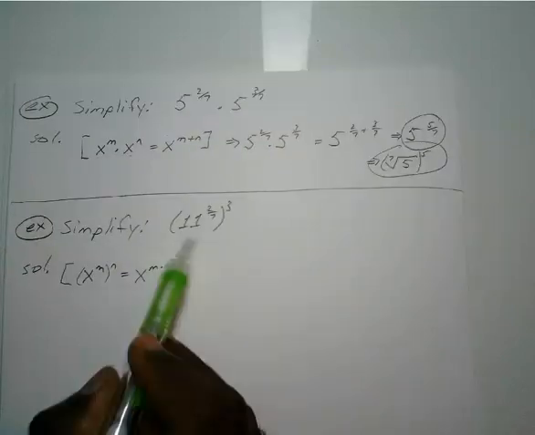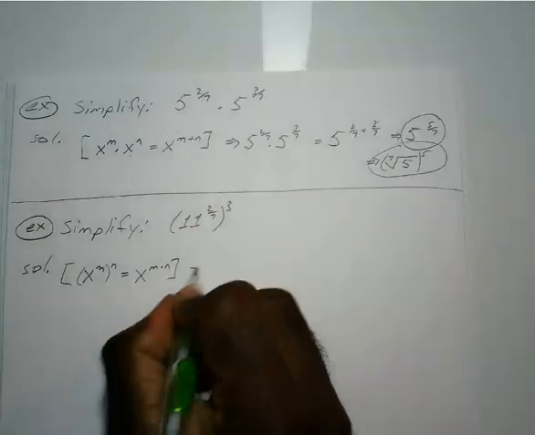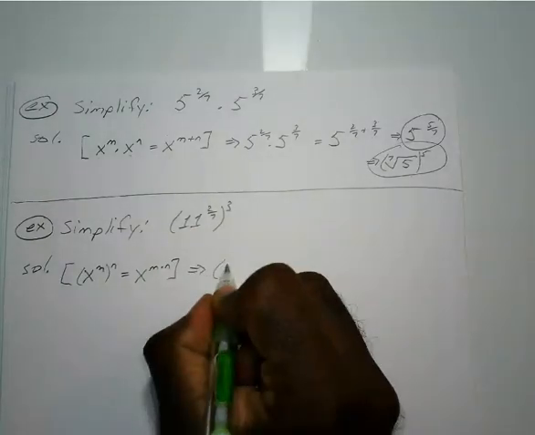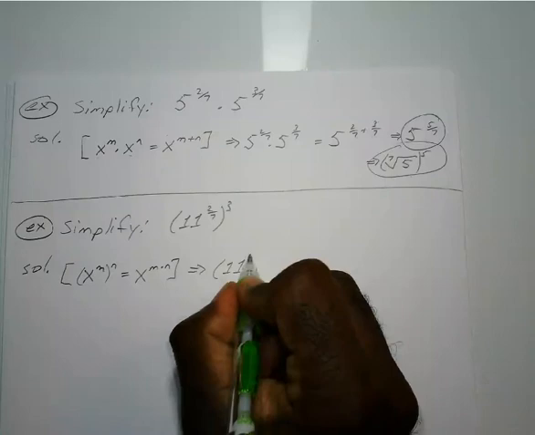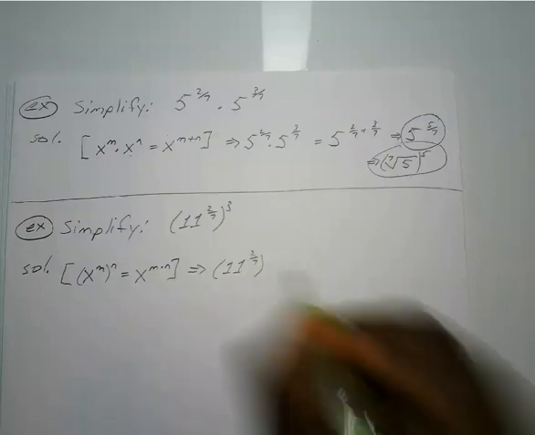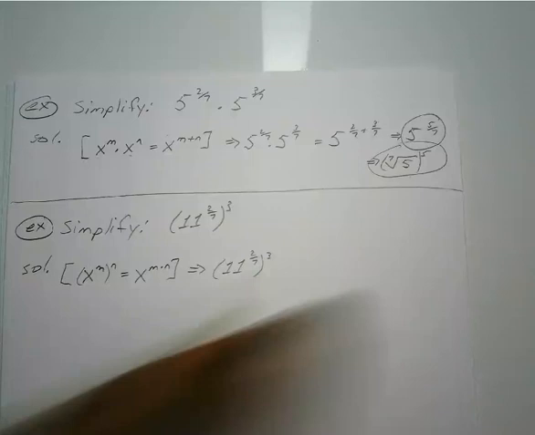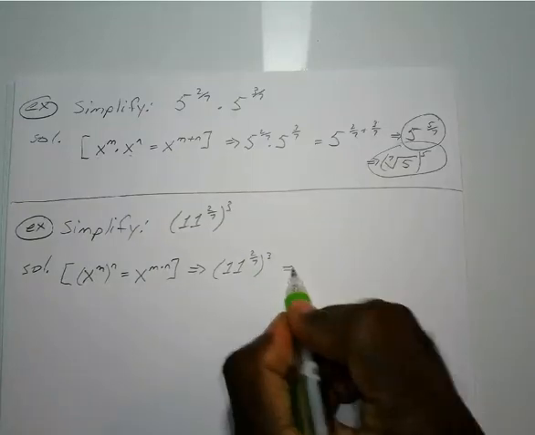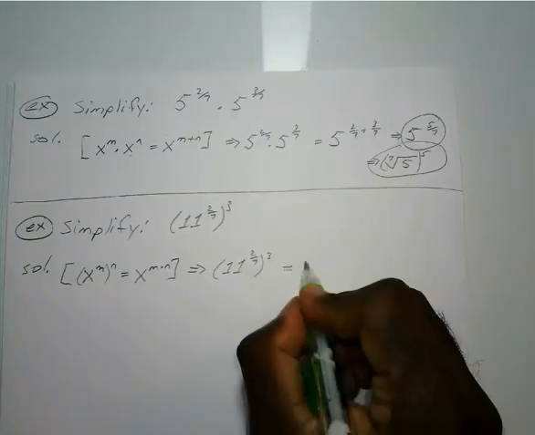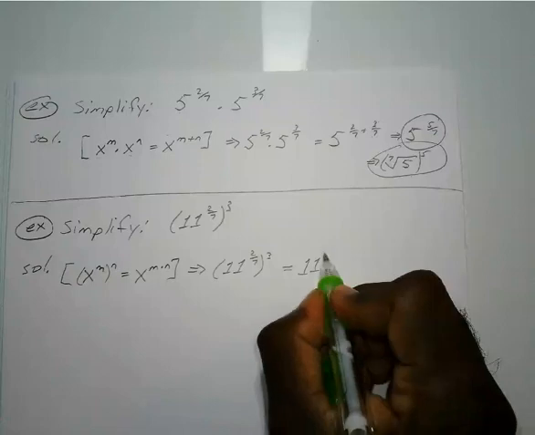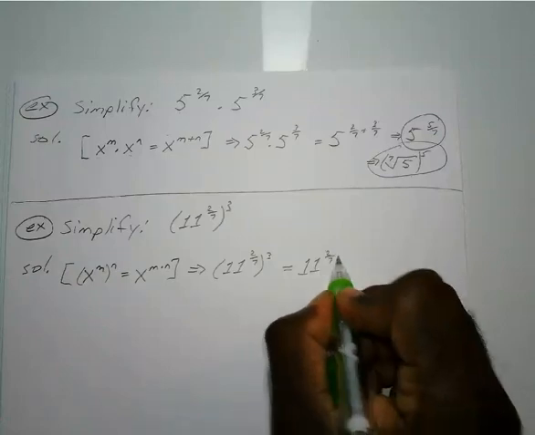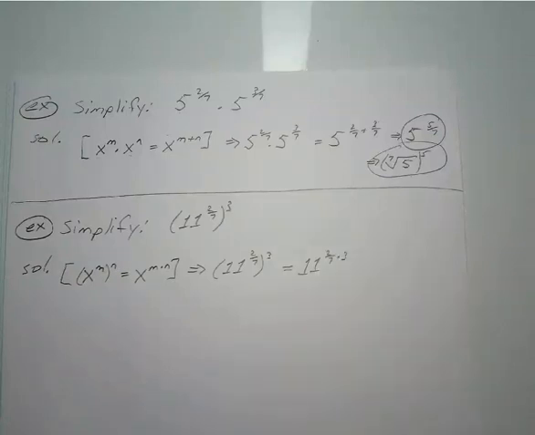You have 11 to the 2/7 power, and that whole thing is raised to the 3rd power, then that just becomes 11 to the 2/7 times 3 power. And remember, 3 is just the same as saying 3/1.